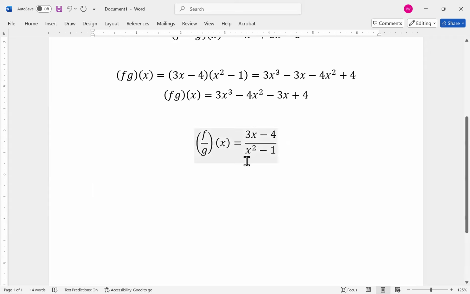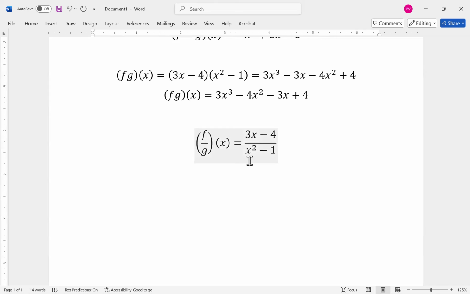By the way, notice that in this one, while the original functions had domains that were all real numbers, f divided by g has a domain that's all real numbers except for x equals 1 and x equals negative 1.